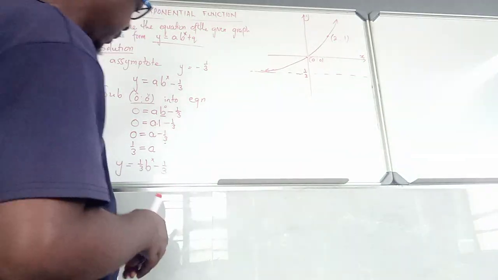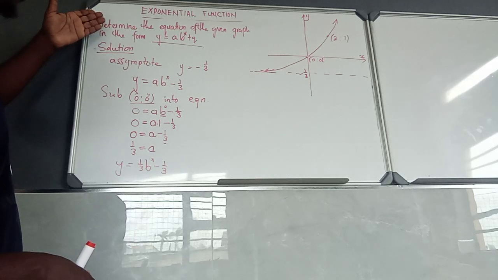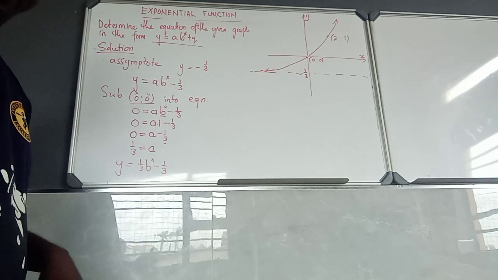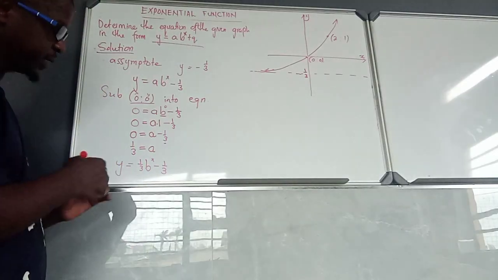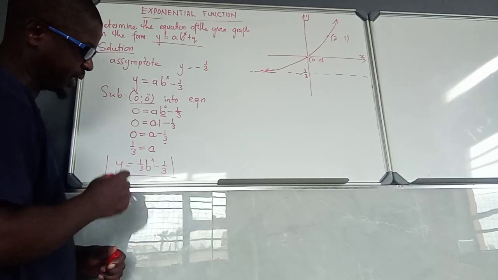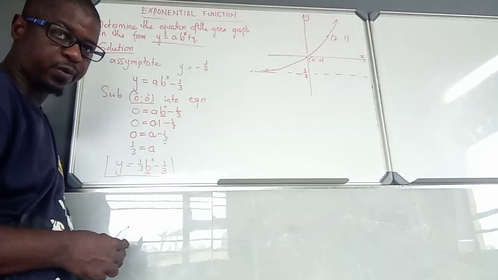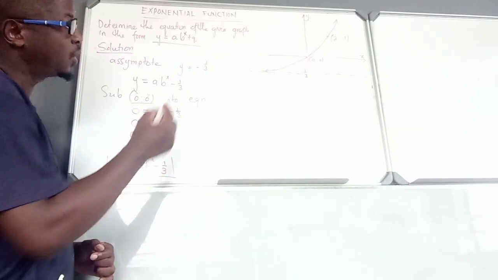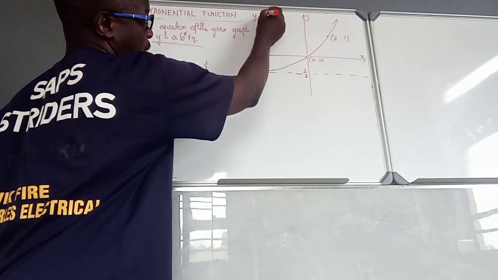Now, having come here, if we look at this equation, we are not done yet. Some of you might say, okay, we are done, but we still have a b here. When we look at exponential functions, we do not write them in the form of b.